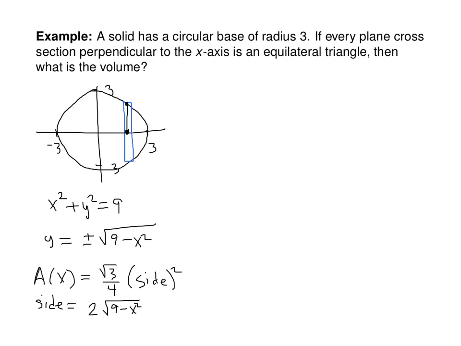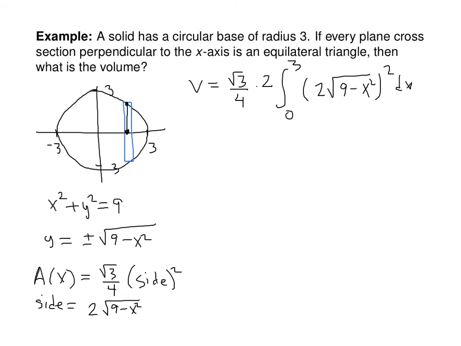So to find the volume, we must add all the slices up. So you will have root 3 over 4. Now, I am just going to right away say twice the integral from 0 to 3 because of the symmetry. And the area of each slice is this root 3 over 4 times the quantity (2 root 9 minus x squared), the whole thing squared.